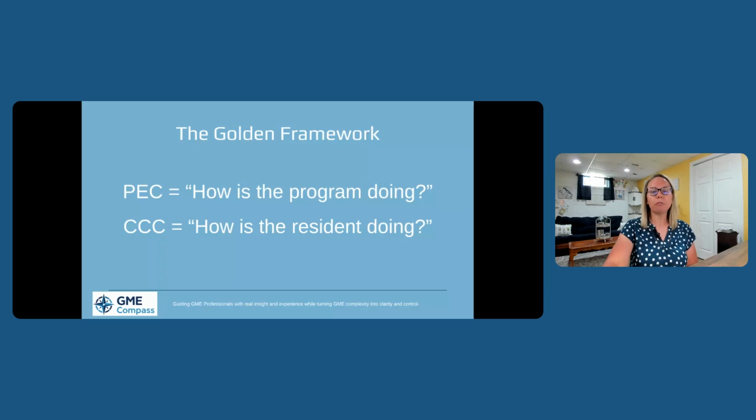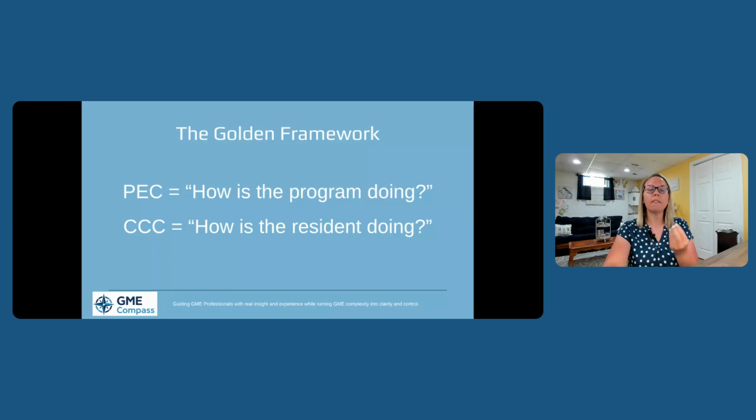So here's the simplest framework that I can give you. PEC asks the question, how is the program doing? CCC asks the question, how is the trainee doing? PEC is system focused. CCC is individual focused.